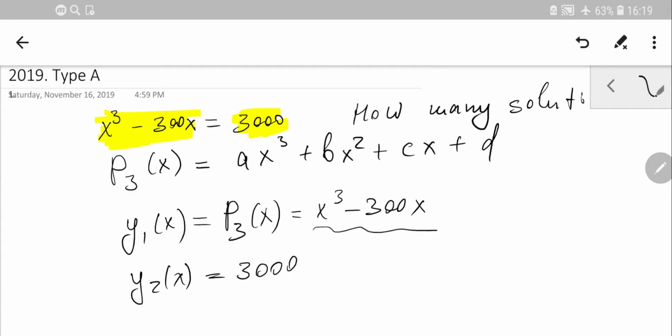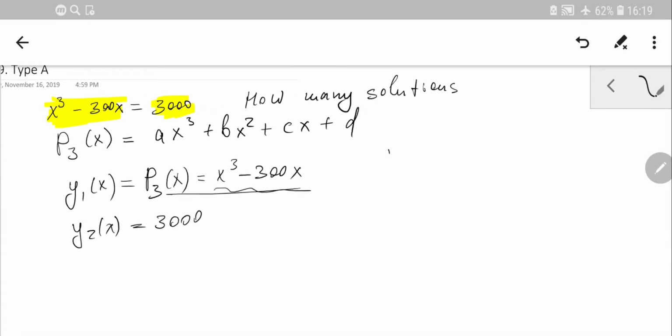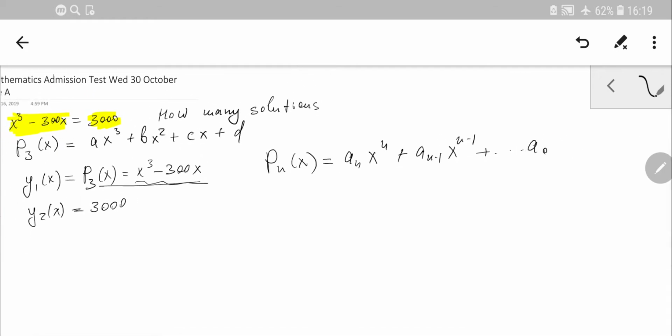First, I just use p3 of x as a graphical polynomial. So how does it go? Let's remember the general properties of polynomials. We might have the maximum power x to the n, then decreasing terms, n minus 1 with coefficient n minus 1, and so on, up to the last coefficient, let's say a0.